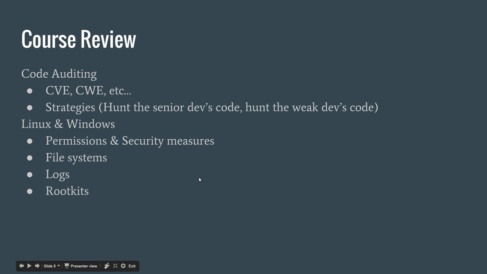Then we covered some code auditing topics with a lot of exercises. We discussed the CVE and CWE terms and some strategies for effectively hunting for bugs in source code. Mainly they boil down to hunting the code written by the senior developers because they're usually in charge of gluing together other people's code, and they deal with some of the most complex problems because they're trusted the most.